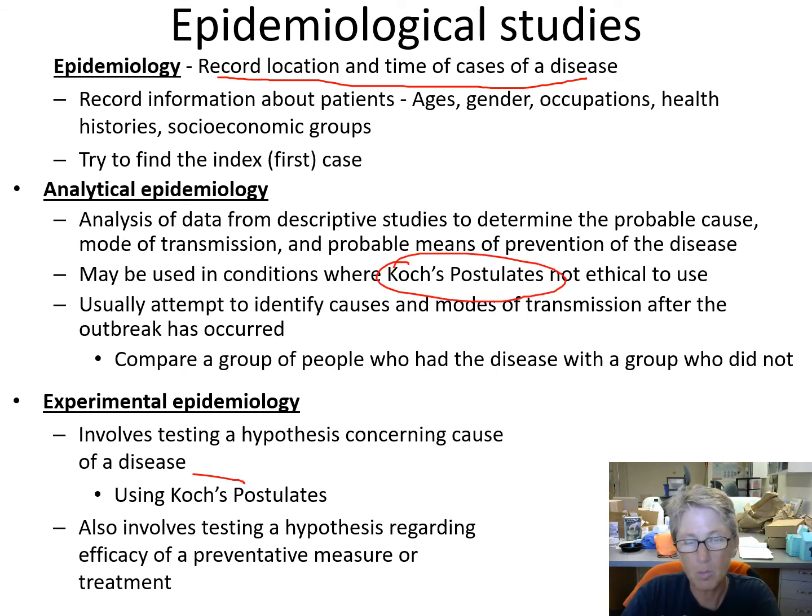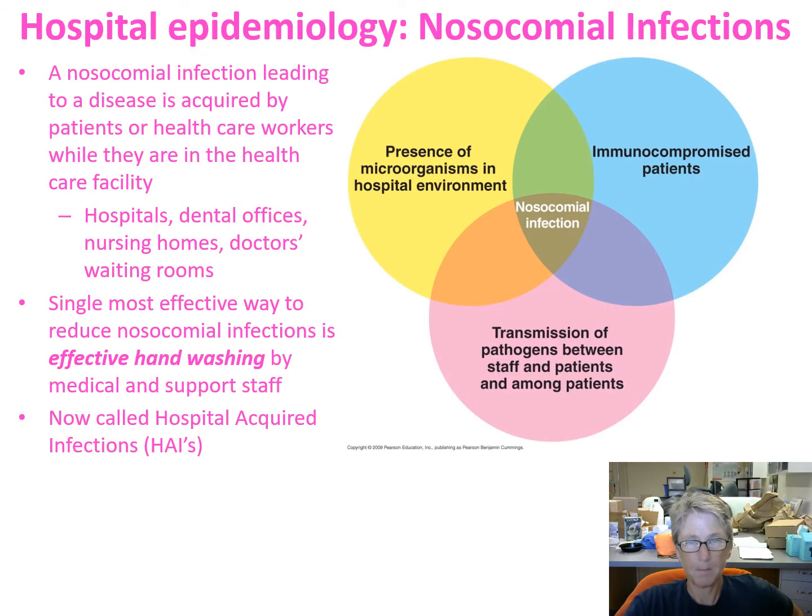You want to use Koch's postulates with experimental epidemiology, but in analytical epidemiology, using Koch's postulates would not be ethical, because that means that you are using animals for experiments with disease. And yeah, you don't want to do that, but it has been done in history to humans, unfortunately.